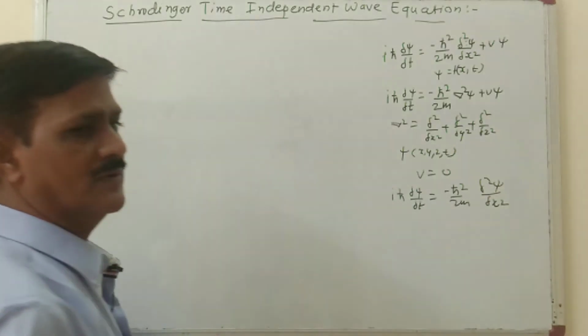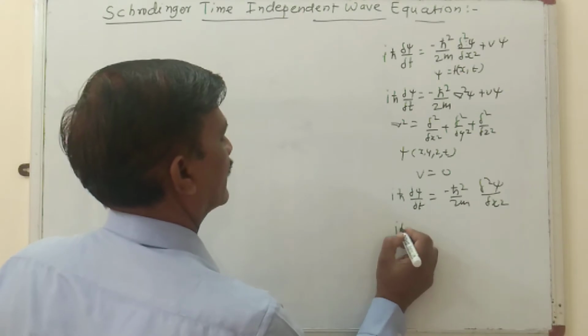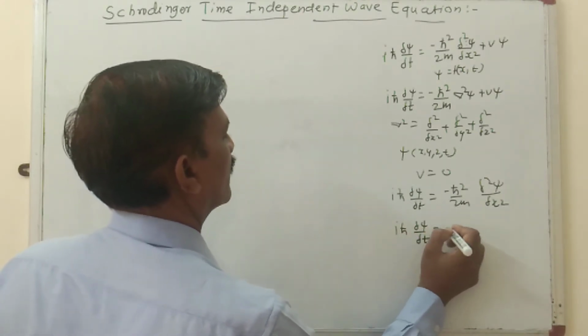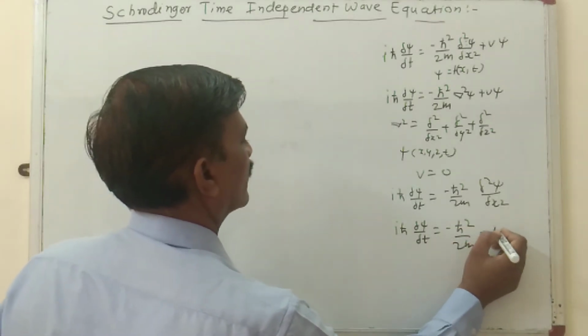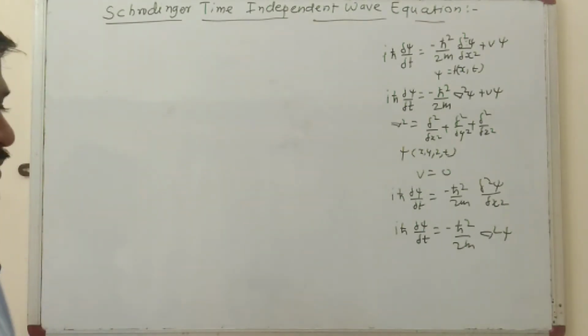This is for one dimension, and iħ ∂ψ/∂t = -ħ²/2m ∇²ψ. This is for three dimensions.